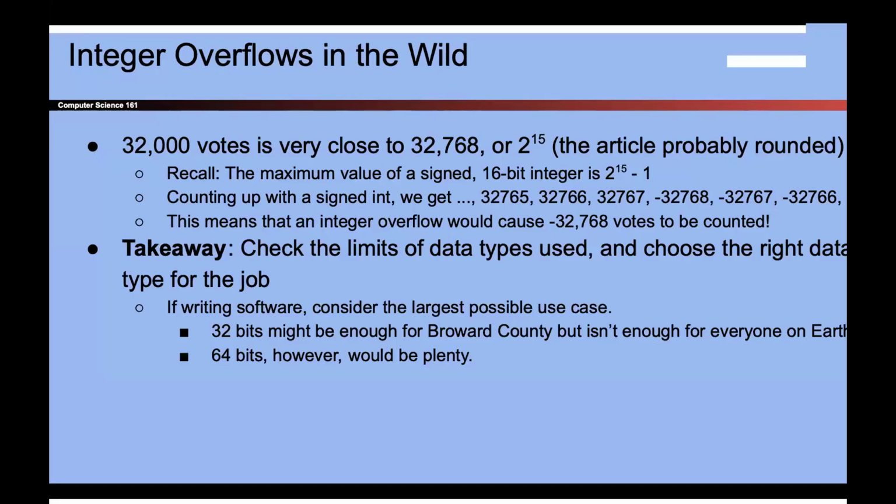Well, it does, actually. The votes count is going to be 32,765, 766, 767, negative 32,768, negative 32,767, negative 32,766. But if you didn't notice the minus sign, it would look like it counted up to 32,768 and then went down from there.